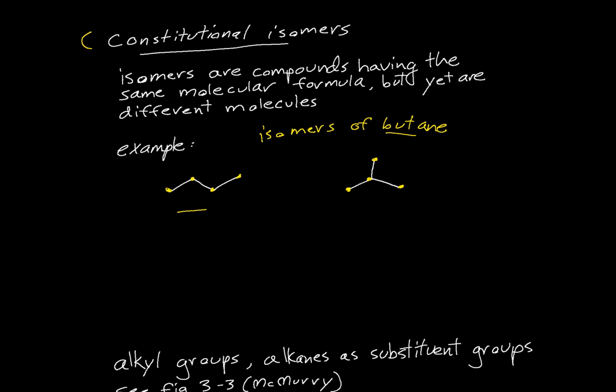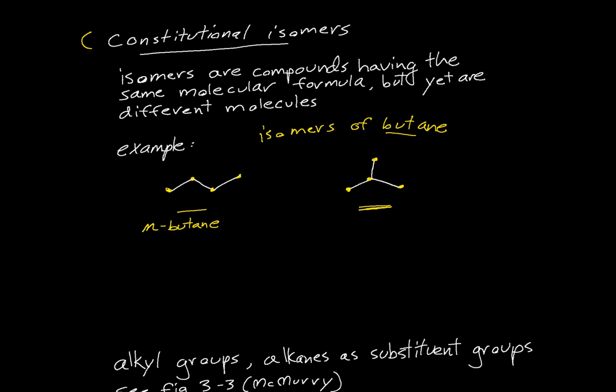One is the linear butane, one is an isomer of butane, and we need to have a different name for these two molecules because they're different molecules. To make butane out of this molecule here, and we're going to call this normal or N-butane. To make N-butane out of this molecule here, what do you have to do?